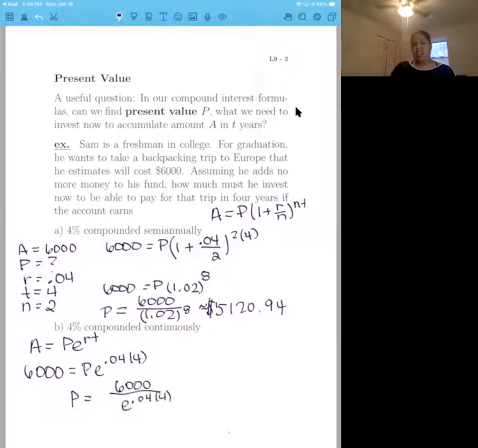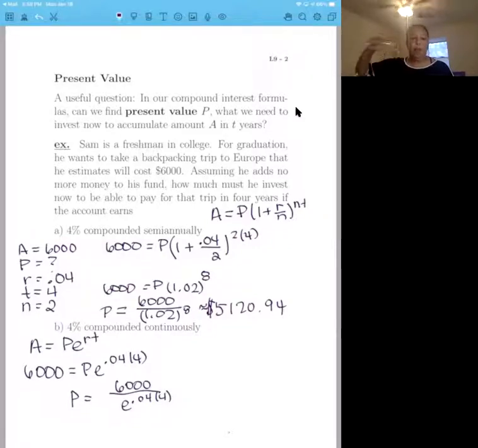And I will just give you as a hint, do not round anything until your very last answer. So you shouldn't round in your calculator till the very end because you will get rounding errors. So 6,000 divided by E, and make sure you put all of these in parentheses or the calculator will not recognize your order of operations and it will think that you are going to do 6,000 divided by E to the 0.04 and then multiply it by 4.